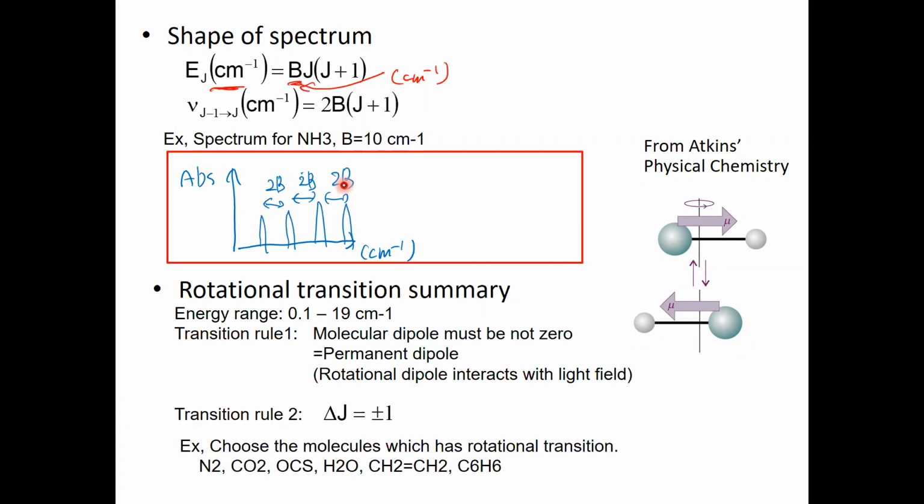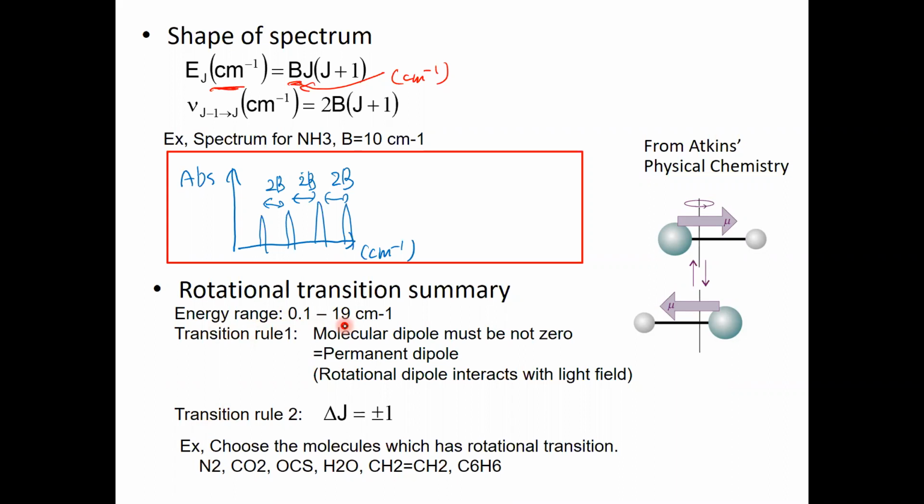And as a final thing, you have to understand the rotational transition rule, which indicates what the necessary conditions are for rotational transition, and also some of the summary here. The energy range of rotation is roughly about 0.1 to around 20 Kaiser.